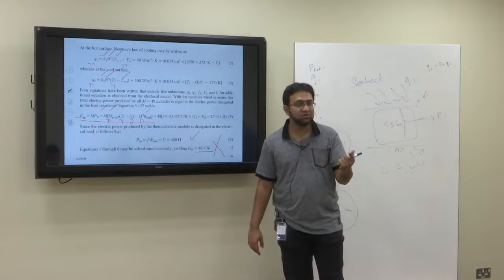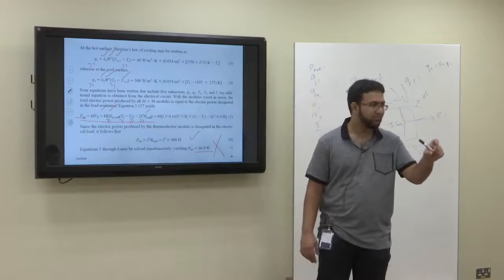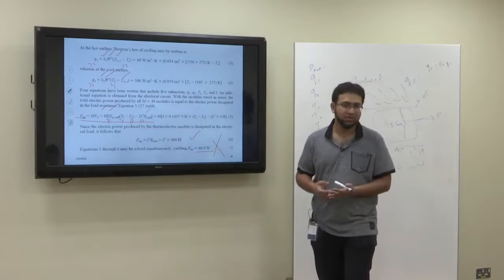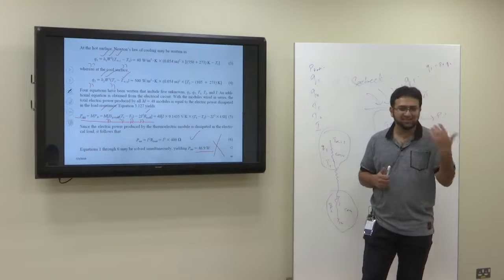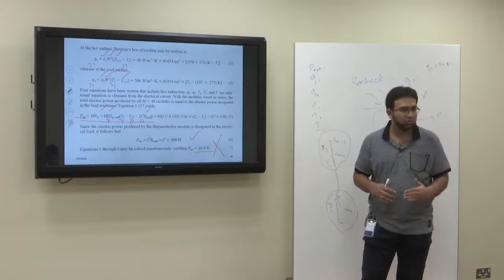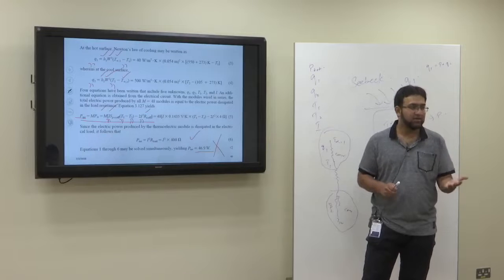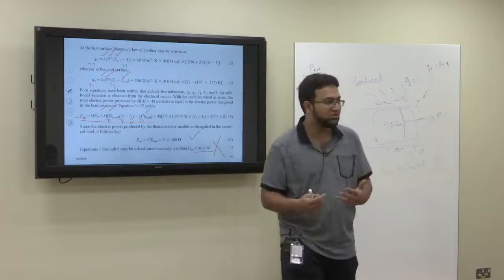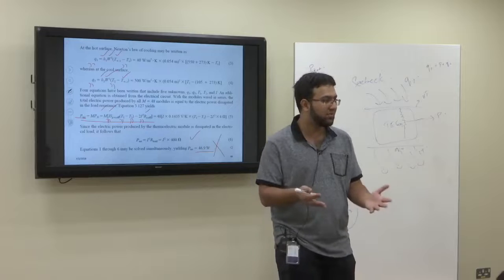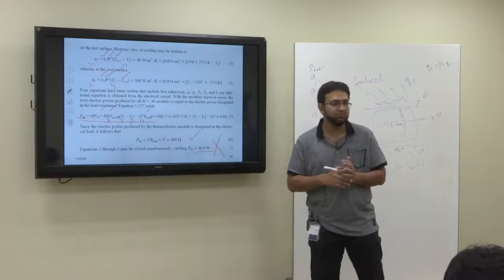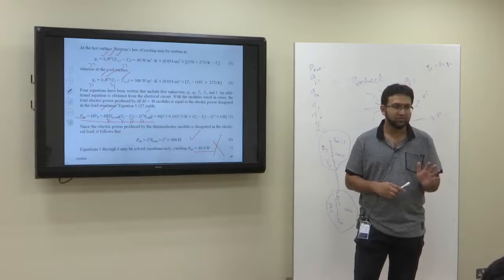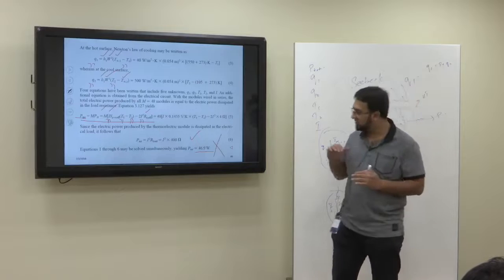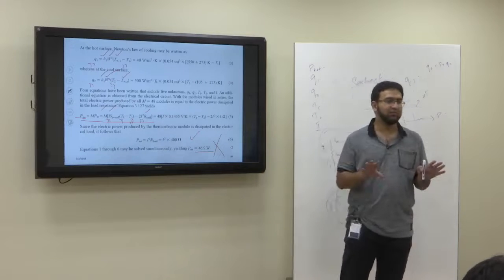However, I can modify the questions such that you can solve it easily in one step. If I give you something you can solve in one go, then I need the answer. But if you need simultaneous solutions and you're solving on paper, not on a computer, then I will not be judging your mathematics skills. That will be judged in the mathematics courses. I'll just ask you to develop the equations and leave.